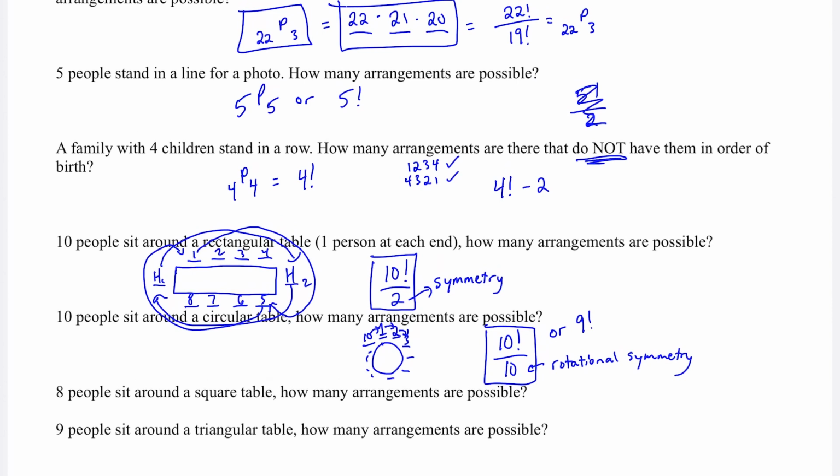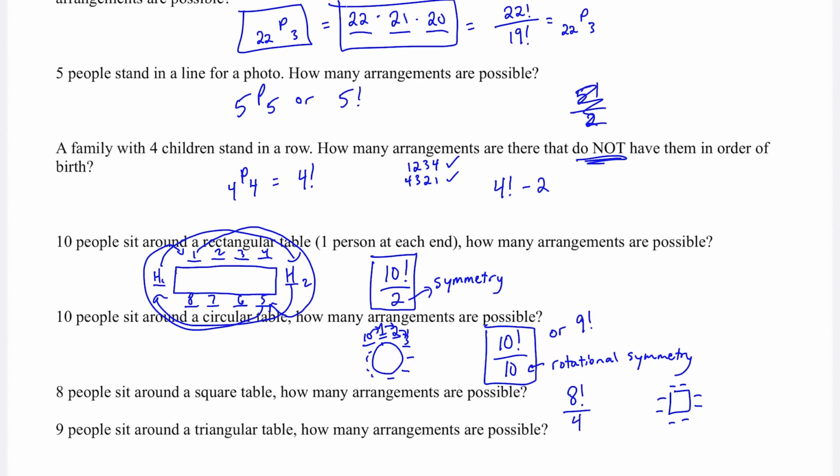All right, what if you have 8 people sitting around a square table? How many arrangements are possible? Again, 8 factorial. Picture a square in your head. You'd have 2 people on all sides of this table, right? Well, how many times would you have a perfect rotational symmetry? There would be 4, because it's a square.